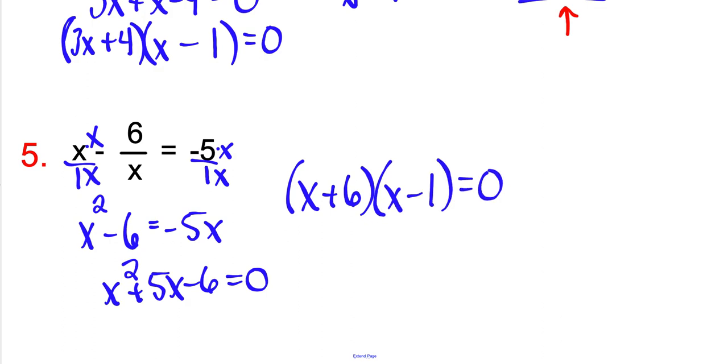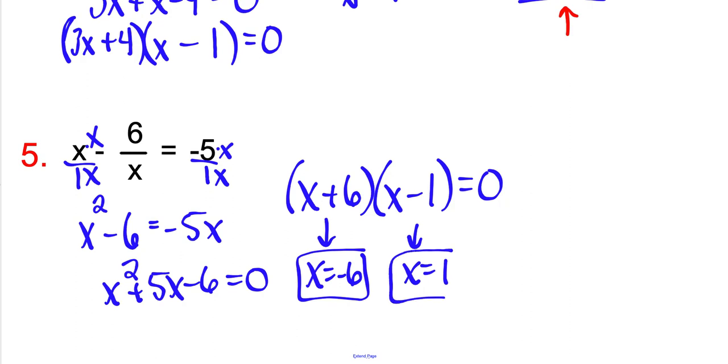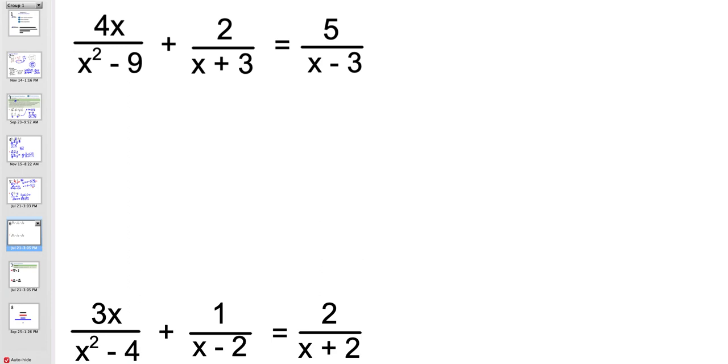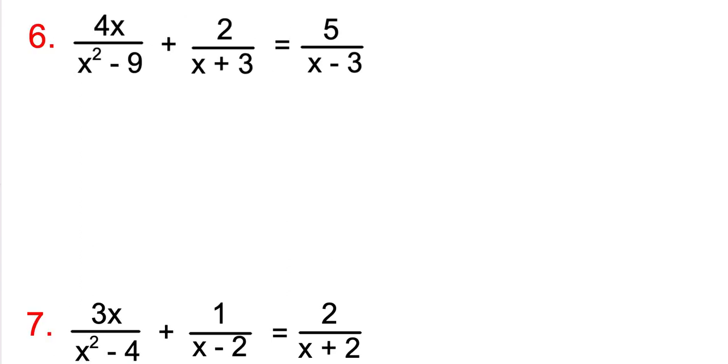And we have to finish these out, set them equal to 0. x equals negative 6, and x equals 1. Okay? And again, those answers are probably going to work because we just can't have a 0 down here. All right. So we got a few harder examples, and then we'll be done.